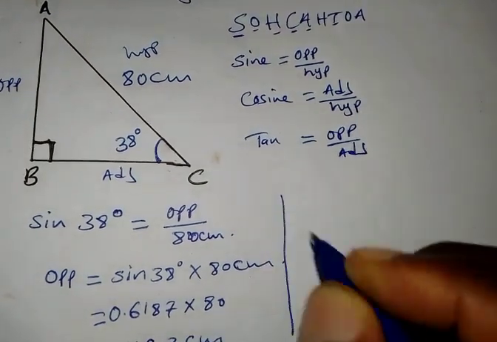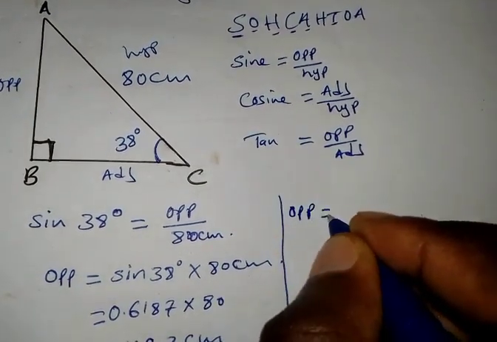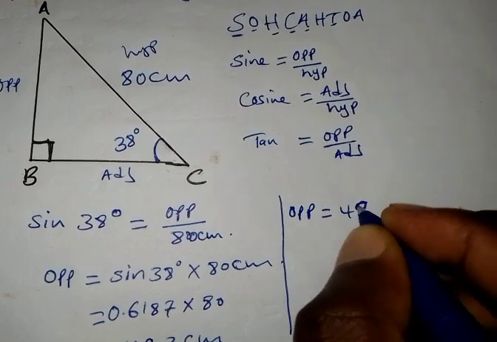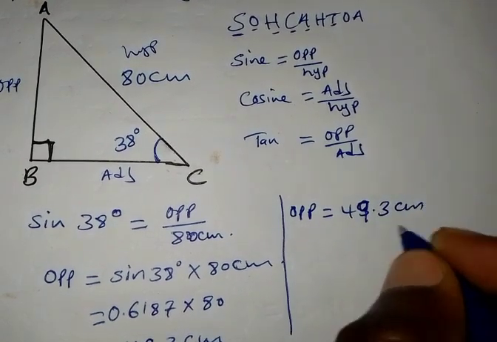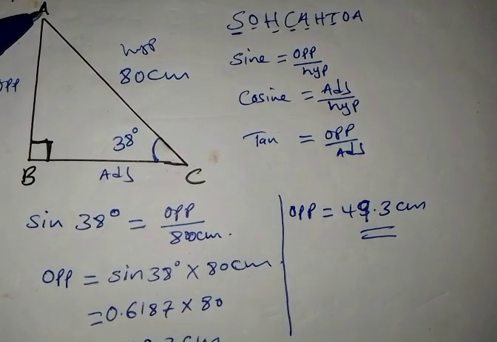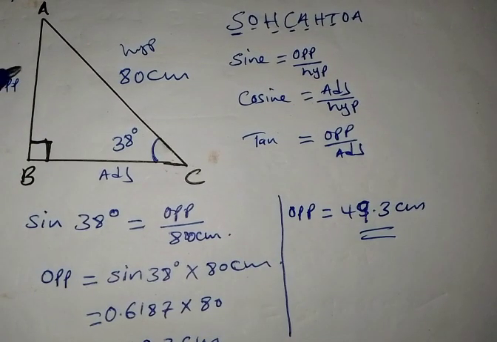So the final answer, or the opposite, will be given by 49.3 centimeter. This is now the answer for the length AB.